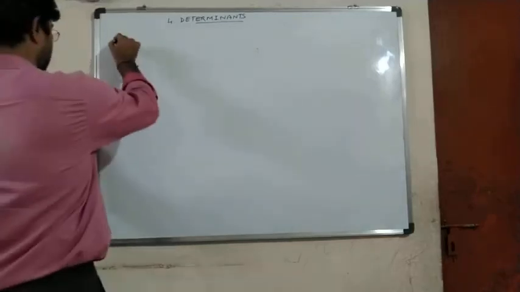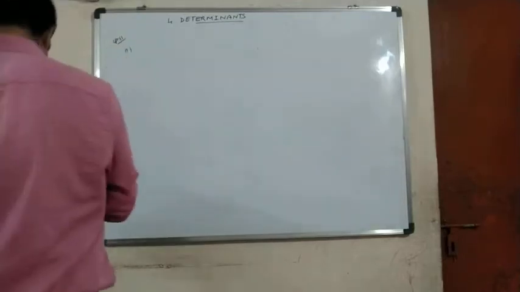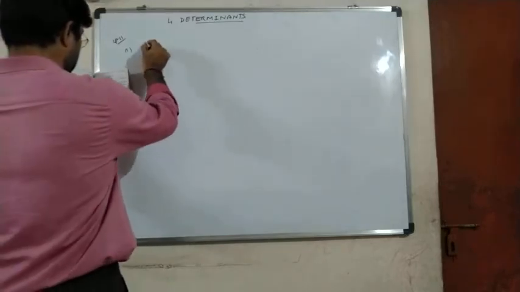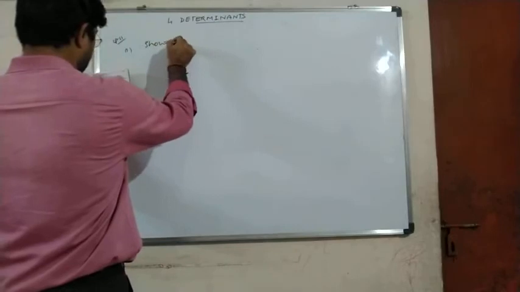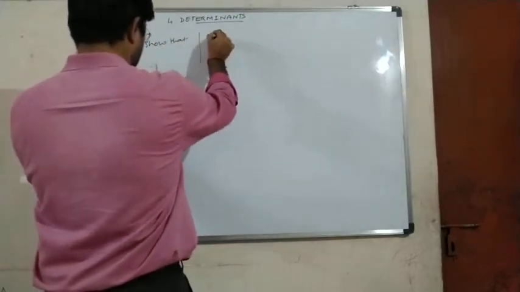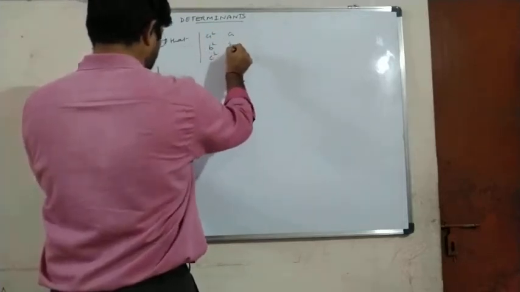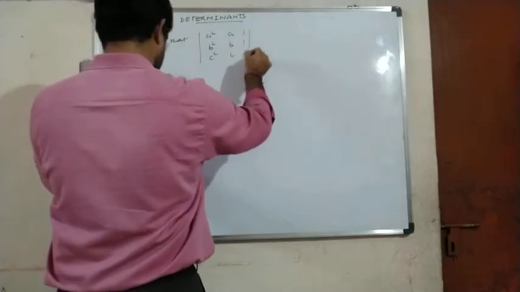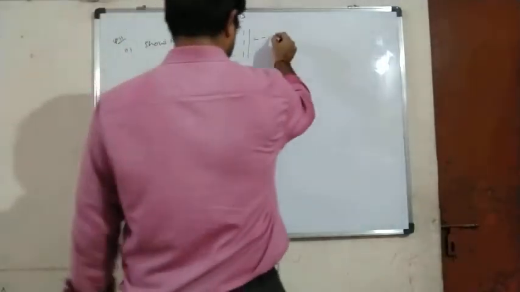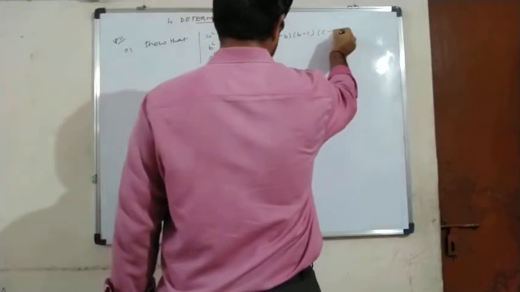Question number 11, number 1. We have to show that the determinant with rows a square, b square, c square; a, b, c; and 1, 1, 1 is equal to minus into bracket a minus b into b minus c into c minus a.